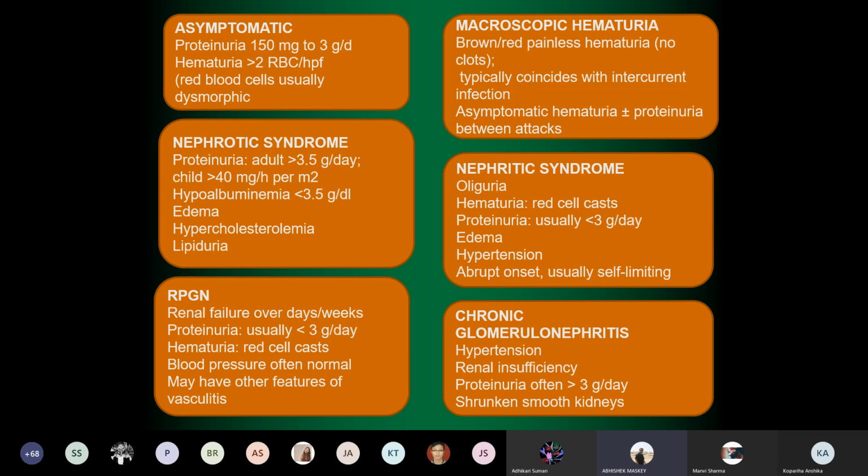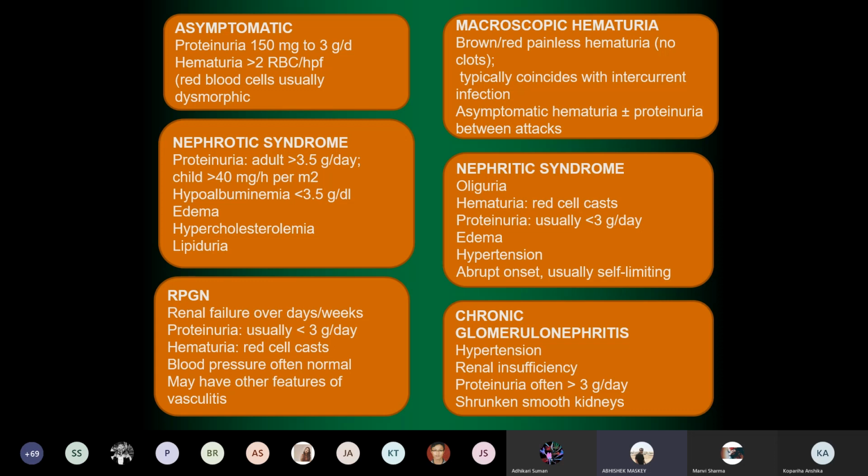In those cases, we just have to delay the progression by halting any other disease, the primary disease, like maybe hypertension or diabetes or any other glomerulonephritis. We can use some other drugs just to slow the progression, but we can't cure the disease once we have chronic glomerulonephritis.